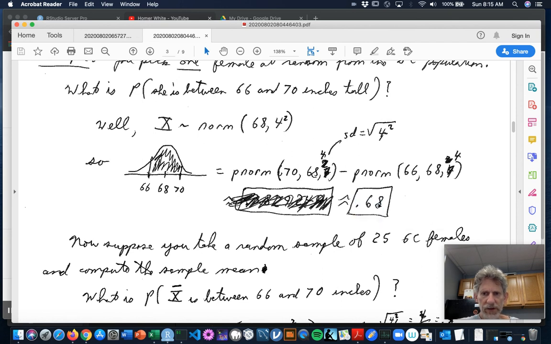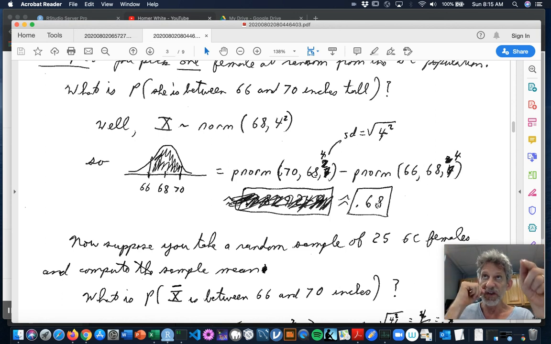That is not 0.68. It has got to be something else, because I know that in a normal curve, there's about a 68% chance of coming in within 1 standard deviation of the mean. Now here, 1 standard deviation is 4. Okay, so there'd be a 68% chance of coming within 4 of 68.